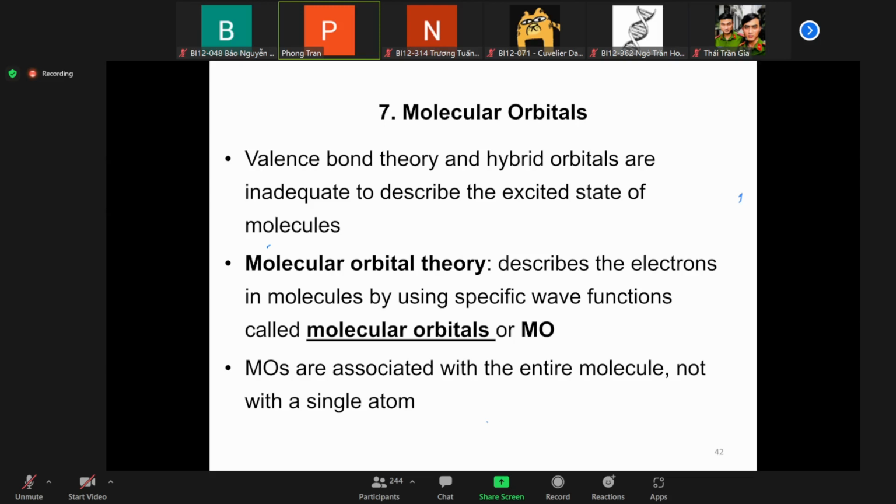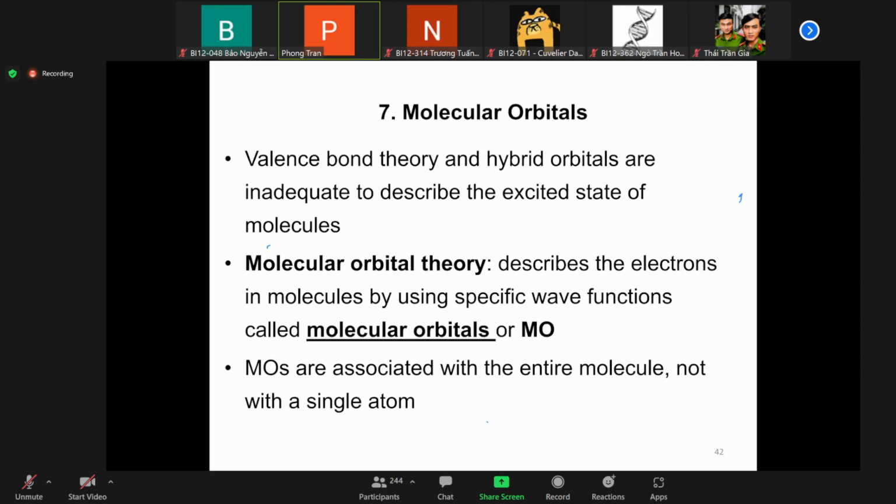MO is molecular orbital. So MOs are associated with the entire molecule, not a single atom. When we have an atomic orbital, we talk about the space around the nucleus of this atom where you can have a high probability to find the electron. That's the atomic orbital.